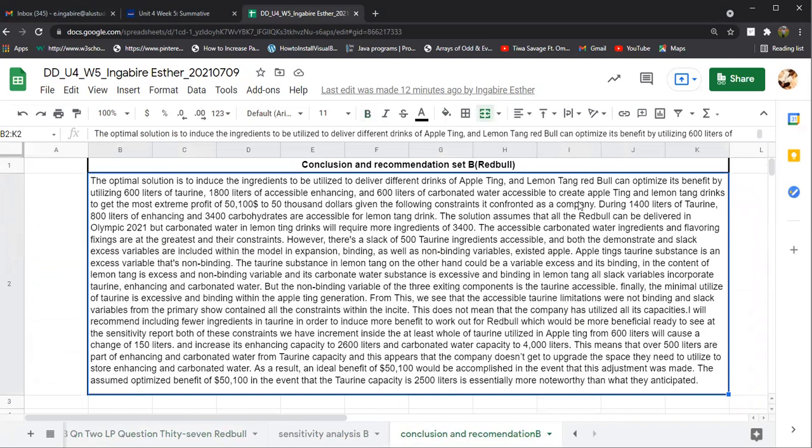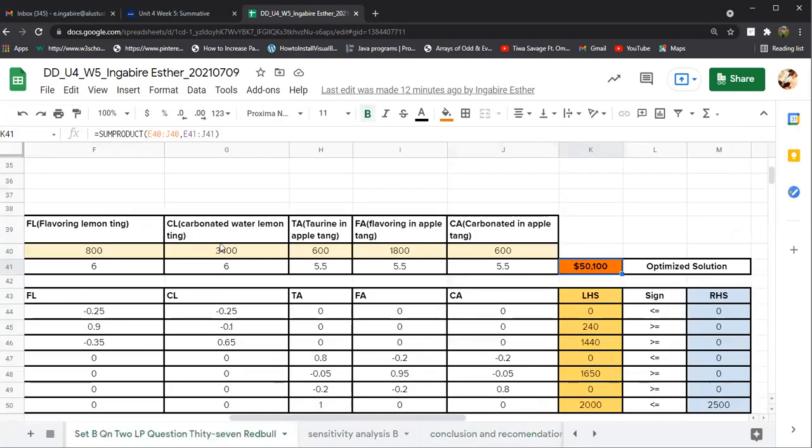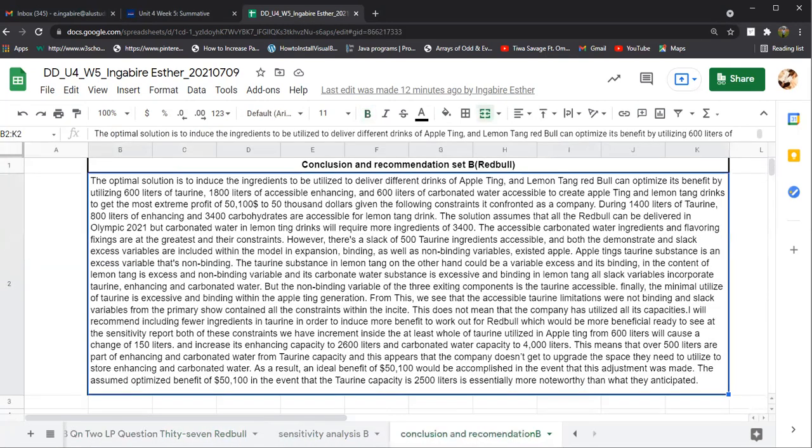To create the drinks and get the maximum profit of $50,100, given the constraints, the solution uses 400 liters of taurine, 800, and so on for the decision variables. The solution assumed that Red Bull will deliver carbonated water for the required ingredient of 3,400, which is more than what is expected to be produced.